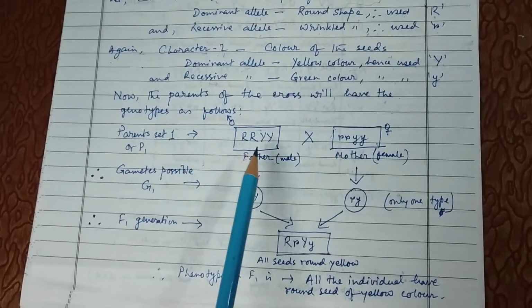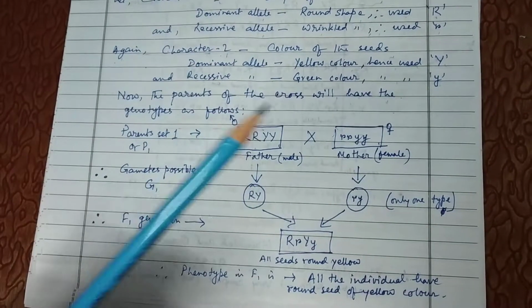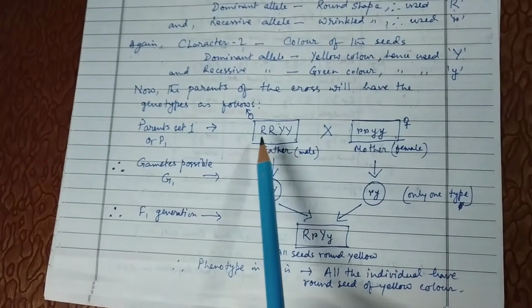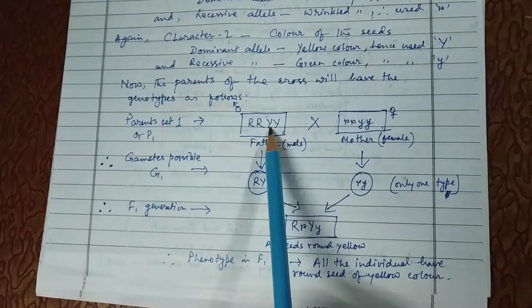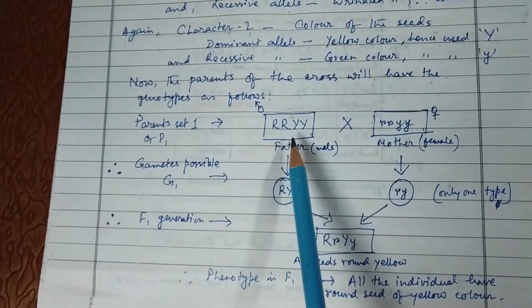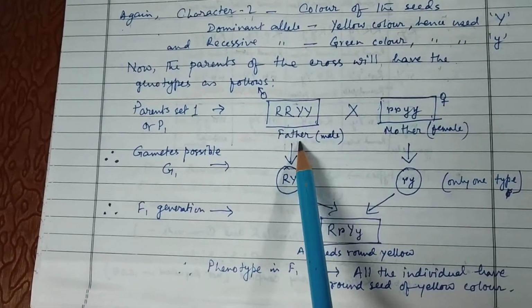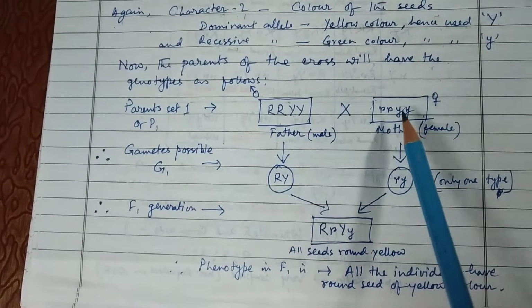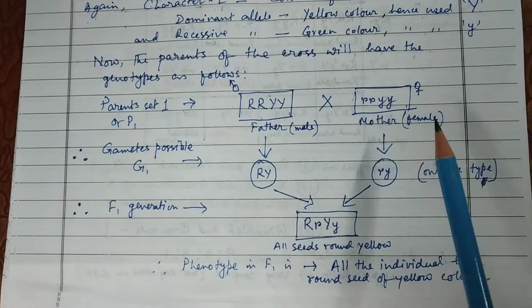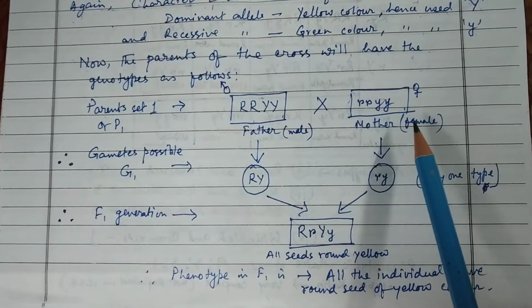Parent set 1. Always remember the parents should be fixed. Parent set 1: capital R, capital R, capital Y, capital Y. That means dominant homozygous. Let us consider this as father. And small r, small r, small y, small y. This is the recessive parent.